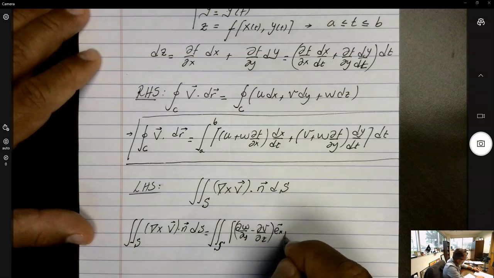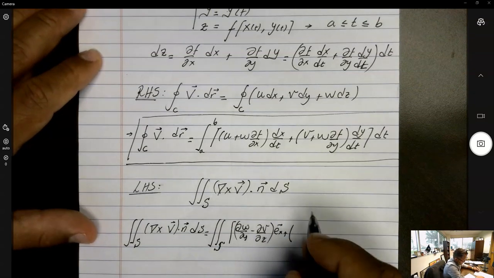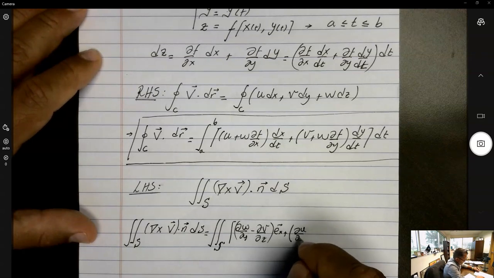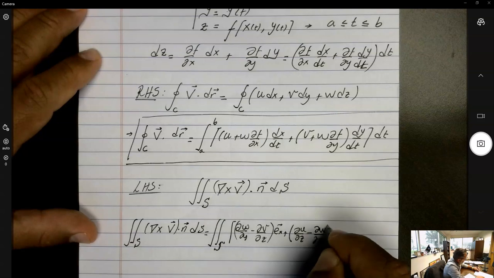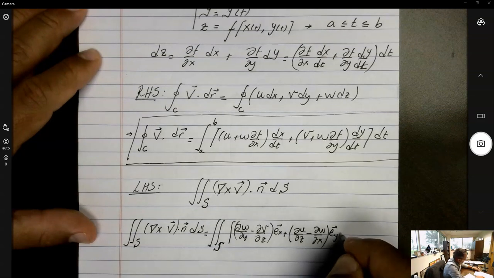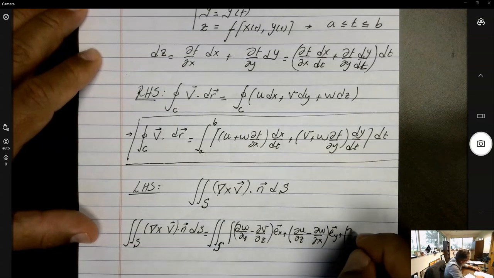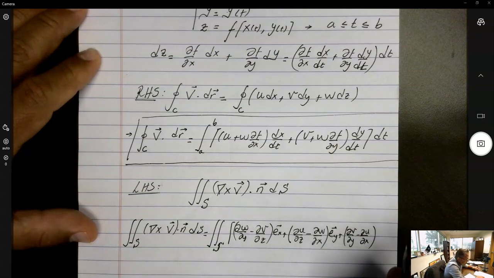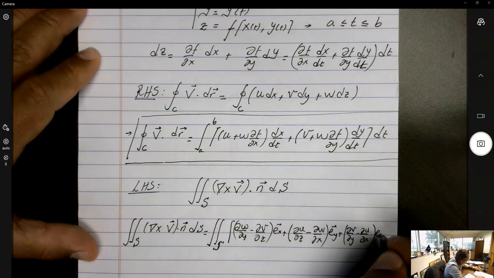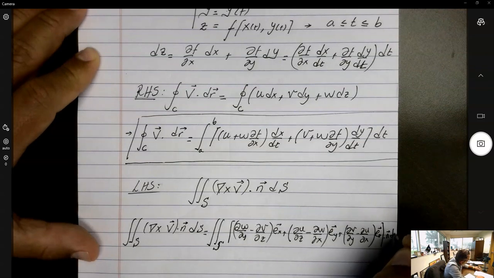of the curl, which is dw dy minus dv dz in the x direction. I'm going to try to squeeze all these here. du dz minus dw dx in the y direction plus dv dx minus du dy in the z direction. That is the curl. So I'm missing the normal vector dS.